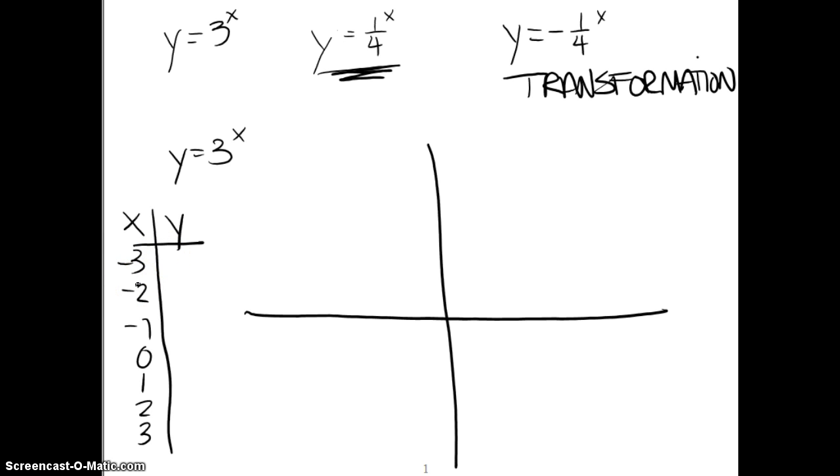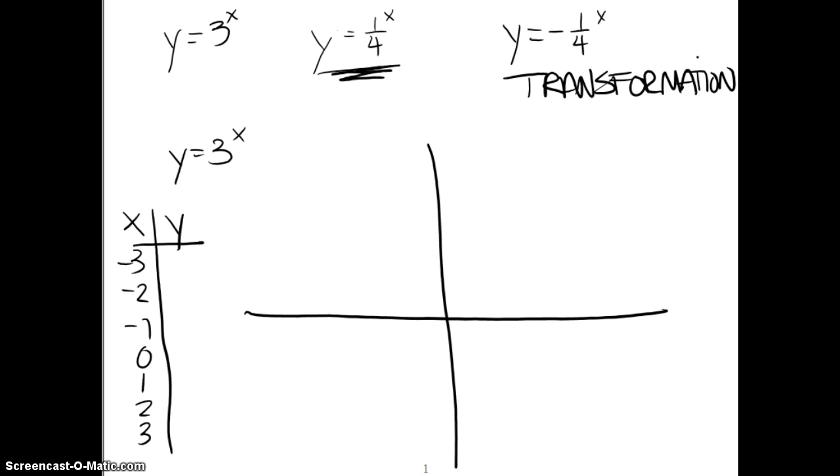So if I come and I do my 3 to the -3, when you do it in your calculator, we remember that the negative sign means 1 over. So it's really 1 over 3 cubed. So my value is really 1 over 27. So I come back to my chart and I put in 1 over 27, which using the calculator gives you 0.04 approximately.